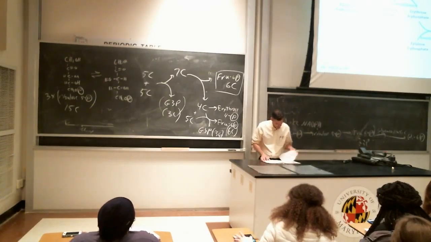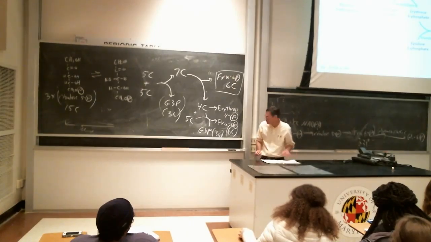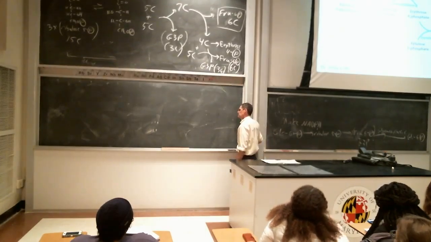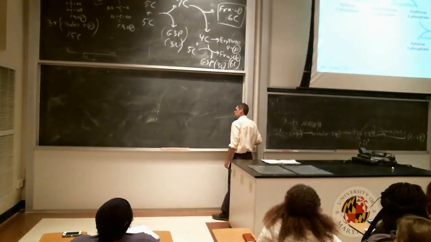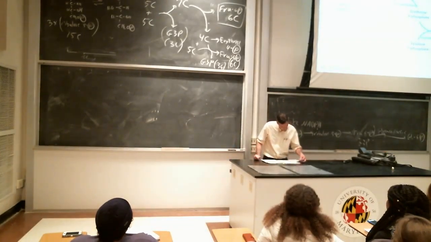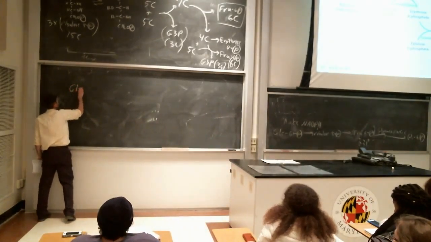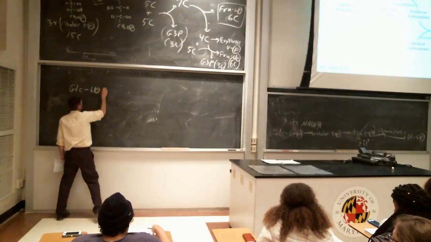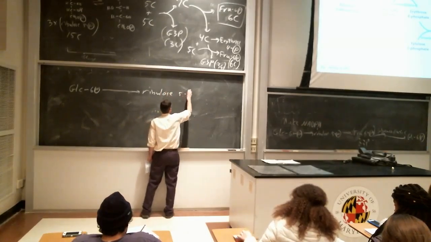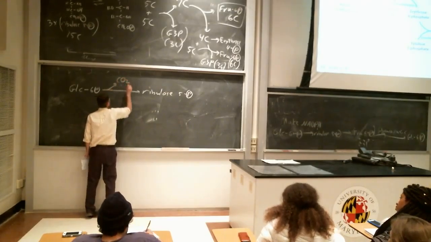Let's just think about, go back to overall stoichiometries. So last time, they gave us stoichiometry. Well, you could say, start with glucose 6-phosphate, one of them, and to make ribulose 5-phosphate, you lose one carbon as CO2.